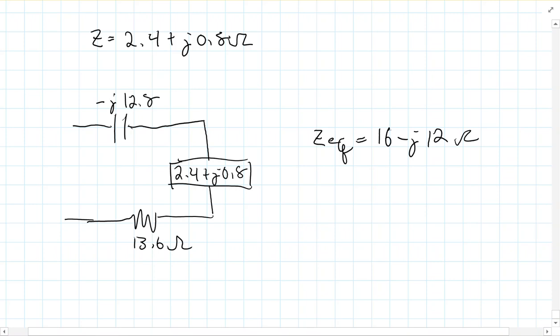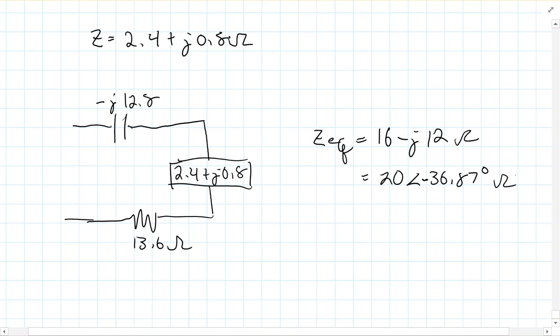You could put it in polar form if you wanted to. There's not a need to do that, but if we did, I'm just doing it real quickly on my calculator. This would be equal to 20 at an angle of, I'm sorry, negative 36.87 degrees if you put it in polar.